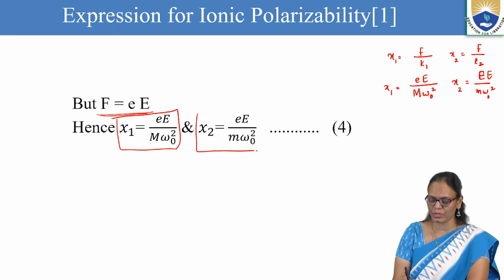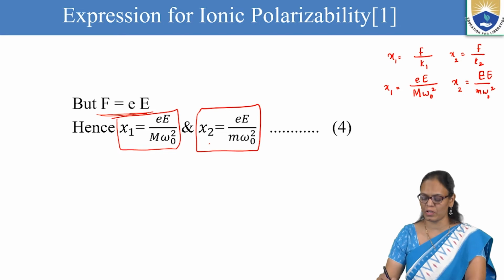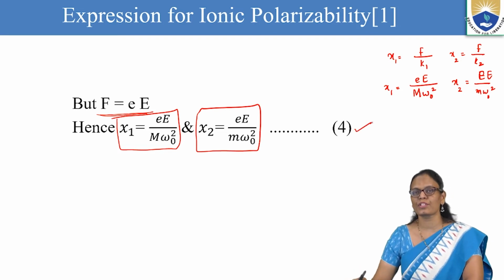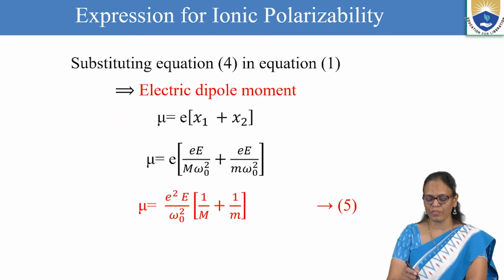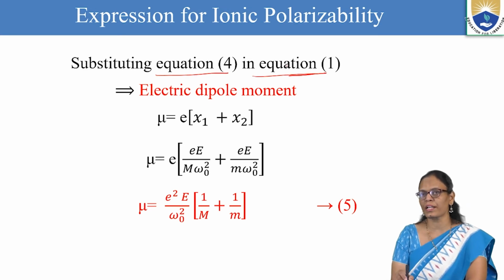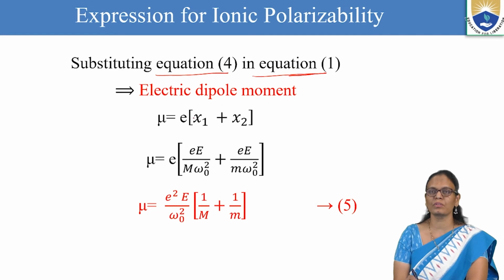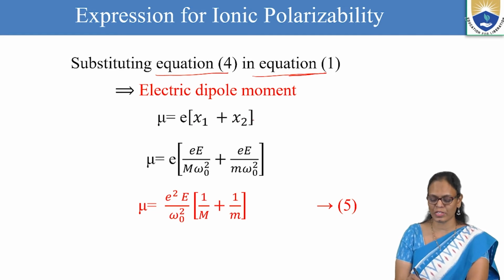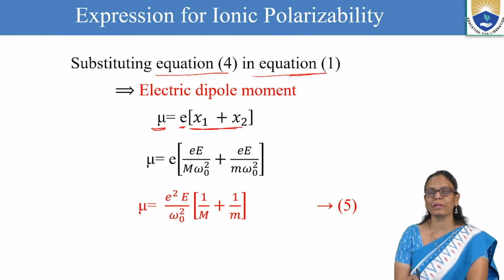So, x1 is equal to eE upon capital M omega naught square and x2 is equal to eE upon small m omega naught square. This gives us equation 4. Now we are going to substitute equation 4 in equation 1. What is our equation 1? Mu is equal to e into (x1 plus x2). The dipole moment is the charge multiplied by the separation between the two ions given by x1 and x2. So, we are going to substitute the values of x1 and x2 from equation 4.